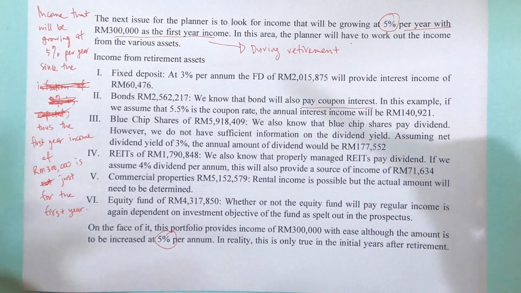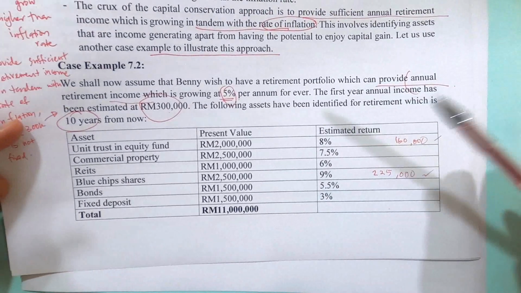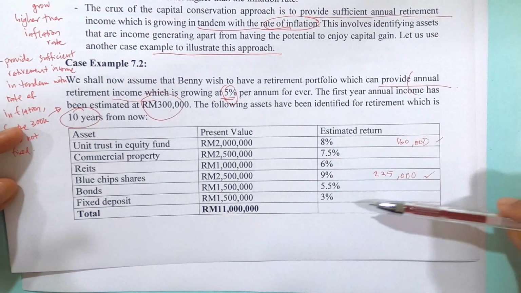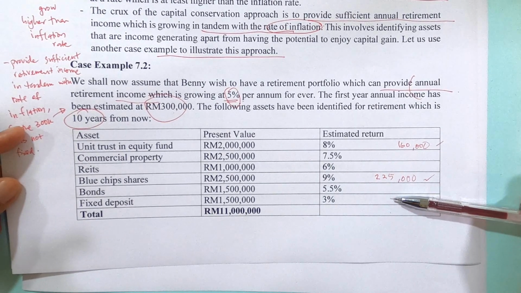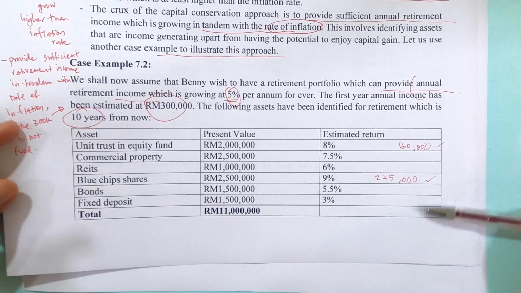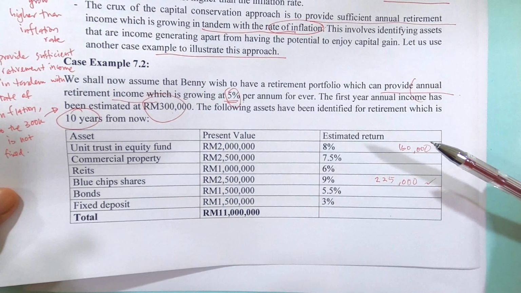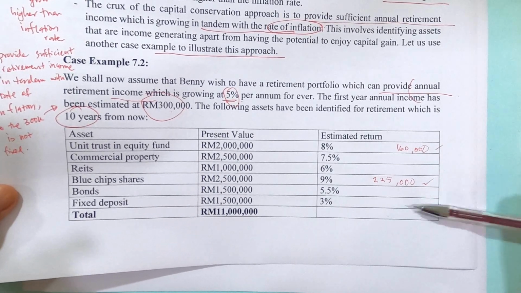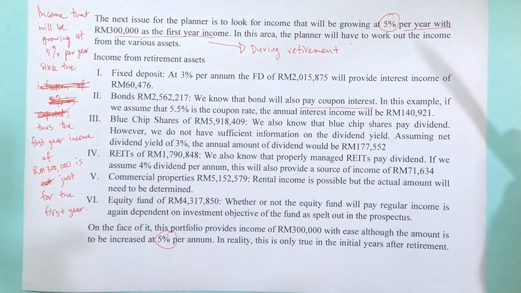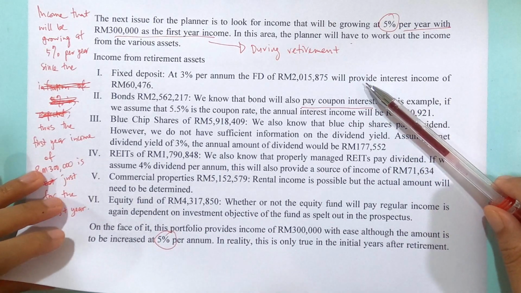As I said before, if we look at the information on Benny, we can see that Benny is quite comfortable. The return from the blue chip shares, the bond, and the fixed deposit also provides a very huge amount. And if it is invested, because he will just take 300,000 per year, he still has a lot of money remaining in the investment that can be reinvested to generate more income to cater for this 5% increment of the retirement income.